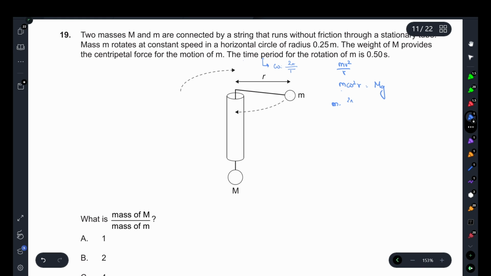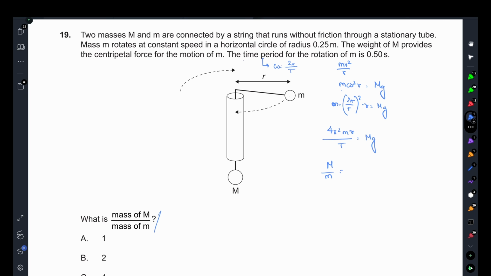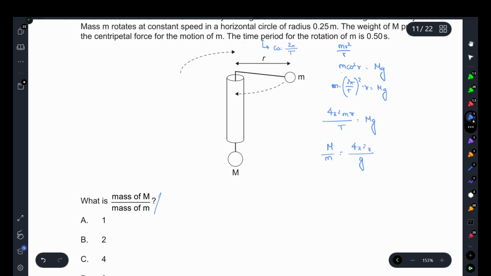So let's rewrite this. m times 2 pi by T whole squared times r is equal to Mg, sorry, capital M, so 4 pi squared m r by T squared is equal to Mg. Now here's the ratio they're asking for. M by m is equal to 4 pi squared r by g.